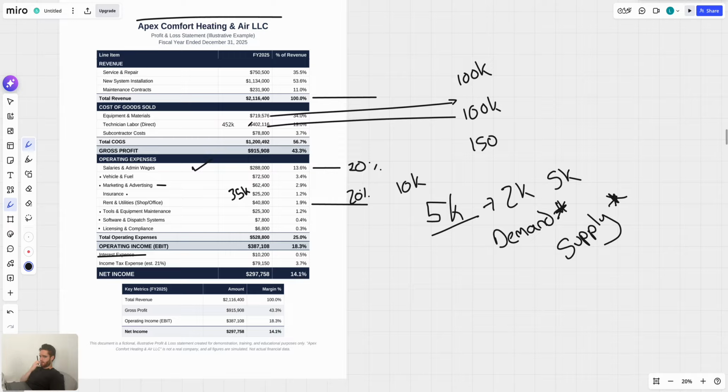So 719 plus 452 plus 78. I'm not going to actually do the math. It's going to tell you how you do it. Add all these up. We've already taken interest off. The EBIT's there, I guess. So you can add, say, the 10k there and the 50k there, and that's your new EBITDA.